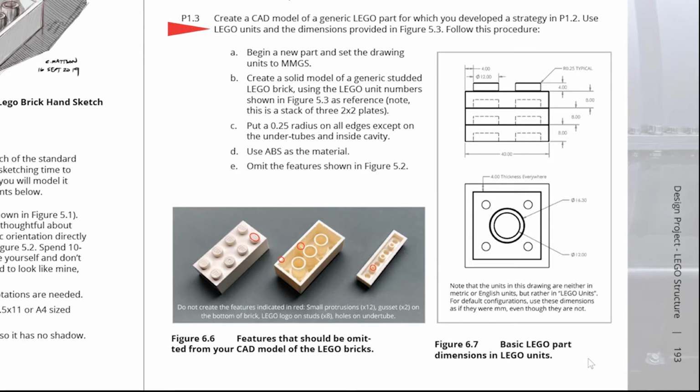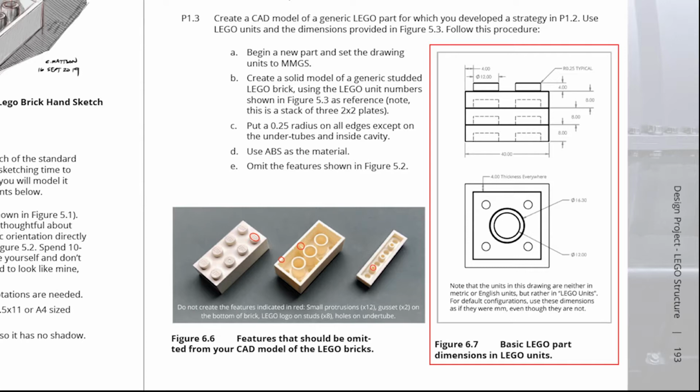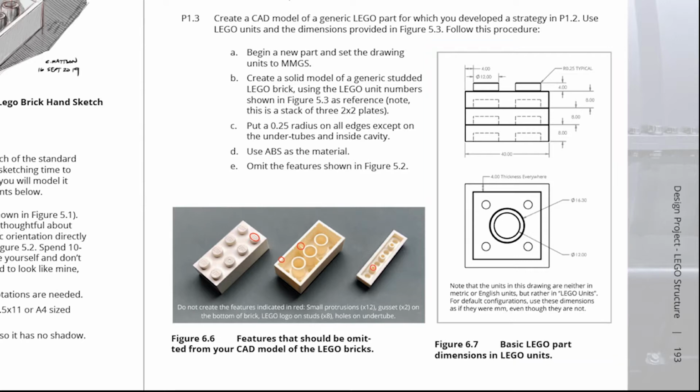The image in figure 6.7 is listed out completely in Lego units. The width of this 2x2 Lego plate in figure 6.7 is 40 Lego units long. It's not 40 millimeters, it's not 40 inches, it's not 40 feet or anything like that.